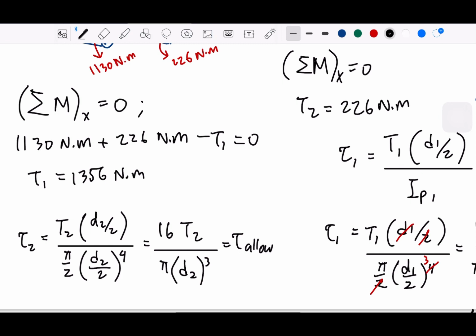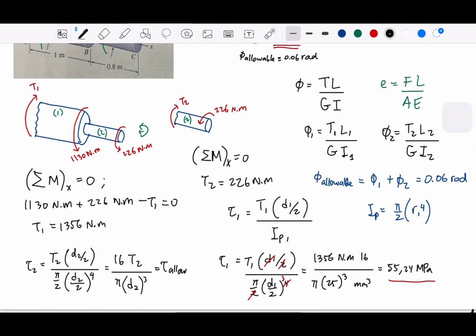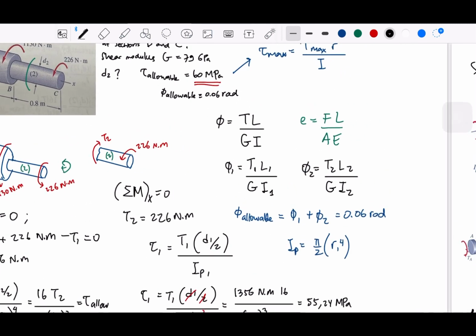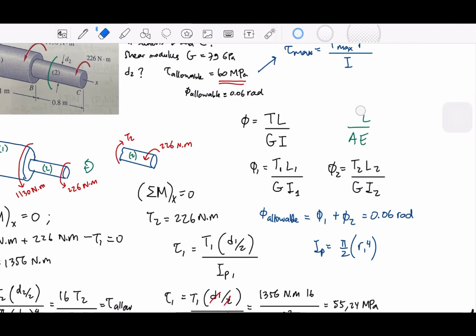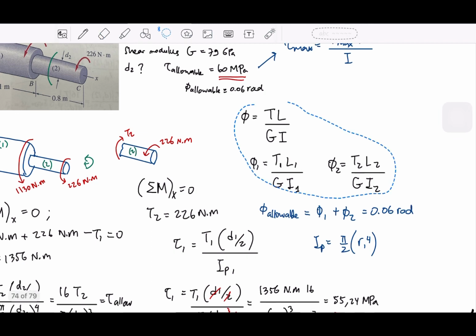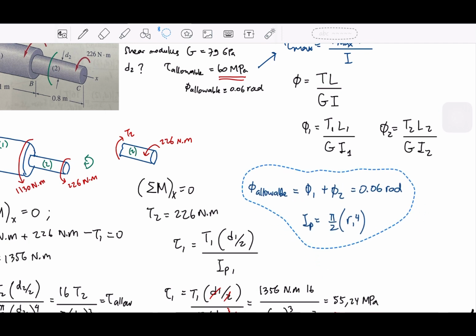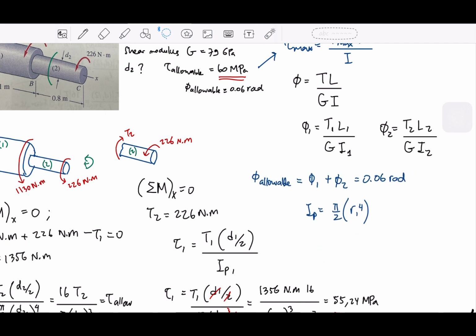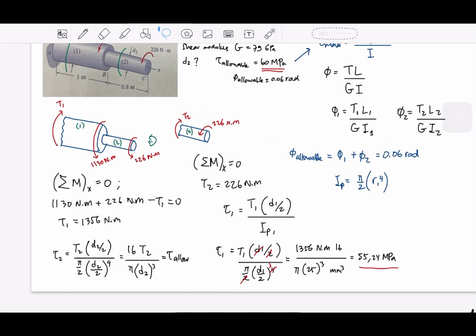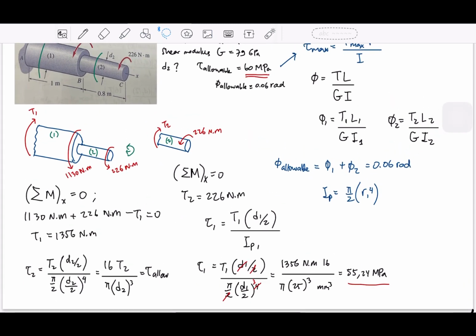Okay. So we take. Let me erase this. Okay, I think I will make this smaller.